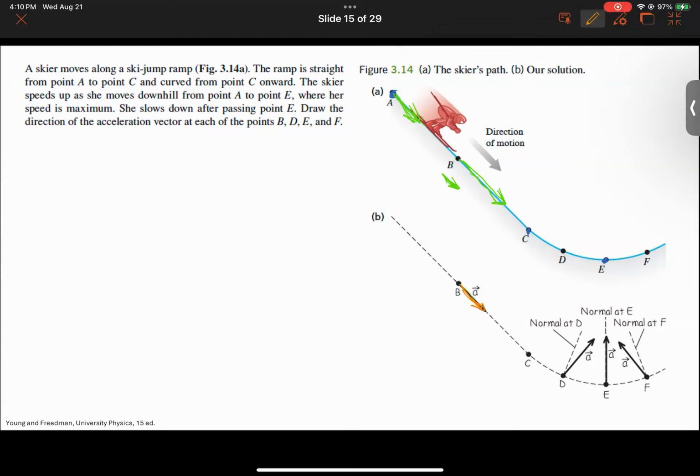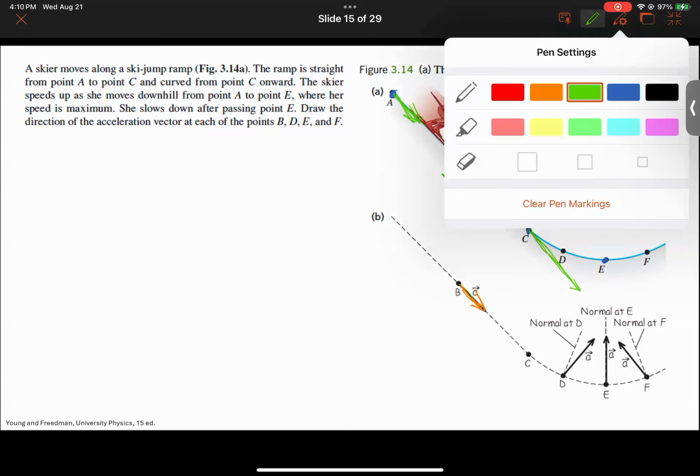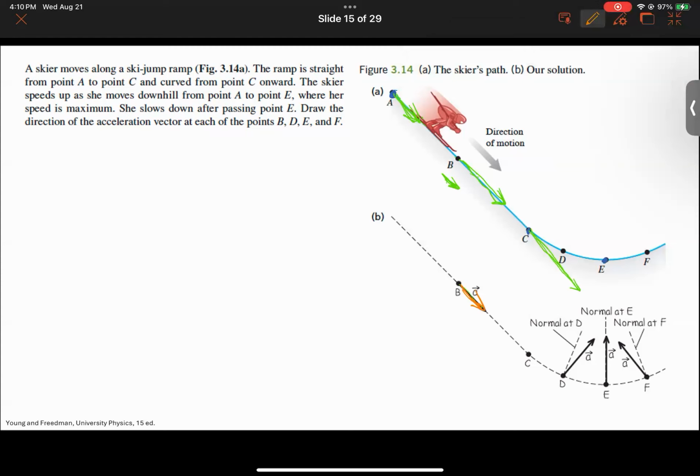Now at point C, nag-increase din siya further. Same direction pa rin siya, hindi pa nagto-turn. So ibig sabihin yung acceleration vector is also in the same direction as the acceleration vector at point B. Now at point D, nag-turn na siya.